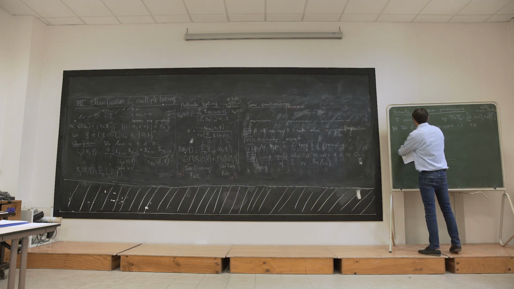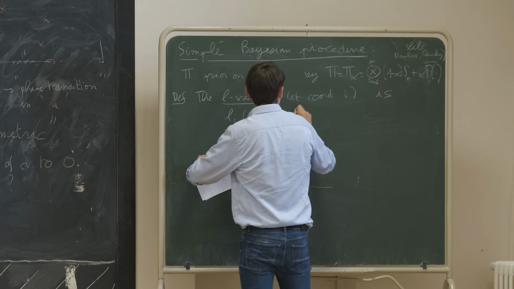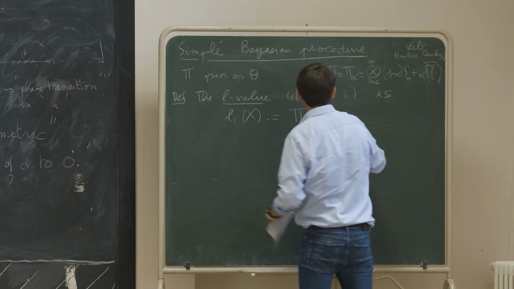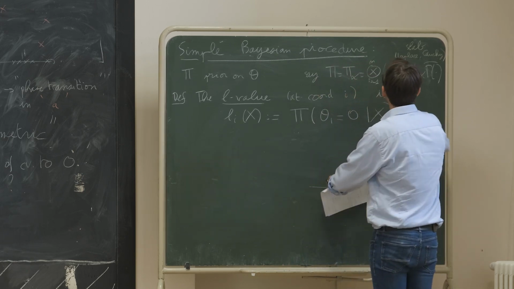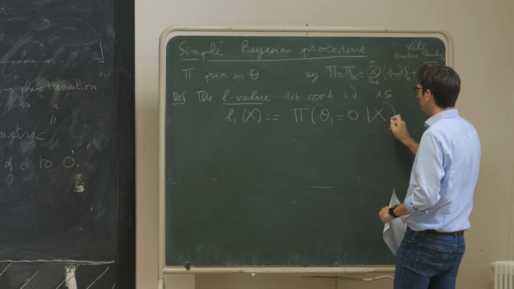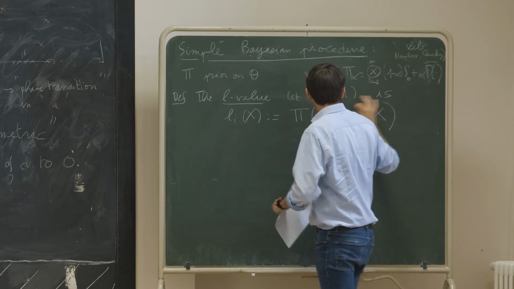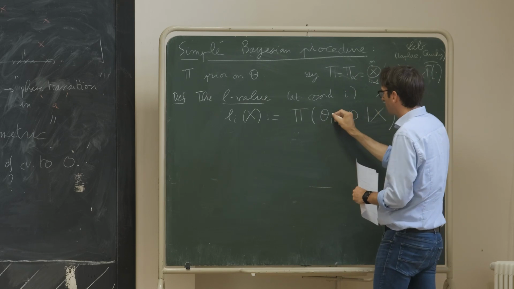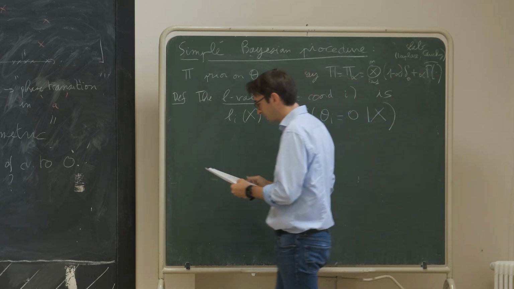So Li of x is defined as the posterior probability that theta i is 0, given the data. Since the prior is independent, this only depends on xi. I want to test whether this coordinate is 0, so I just look at the posterior mass of this event, which is very natural.